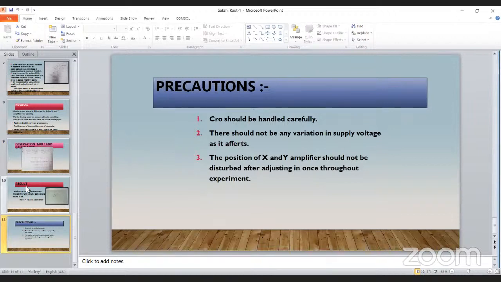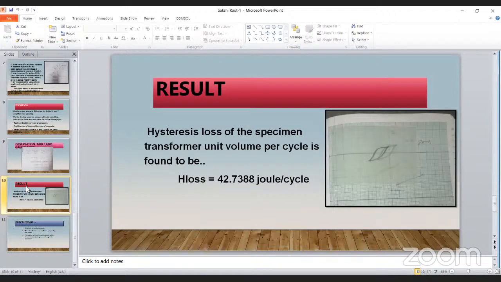From the hysteresis loop, what can we find? From the hysteresis graph, what can we find? Why do we draw the hysteresis loop?